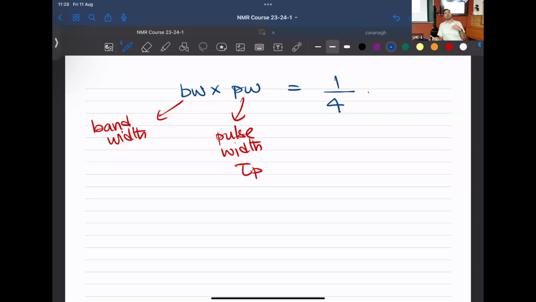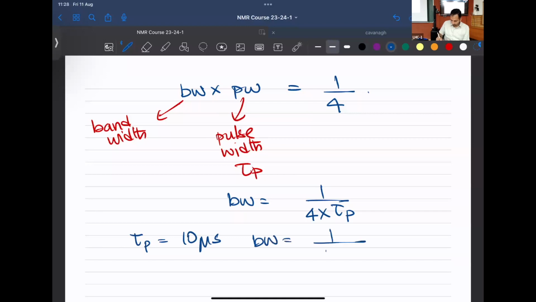This is a constant depending upon the shape that you take. So therefore, the bandwidth loosely translates to something like B1. The pulse width is the tau p that you have. So what is the bandwidth for a 10 microsecond pulse? 1/4 times tau p. For tau p equal to 10 microseconds, the bandwidth is going to be 1/4 times 10 multiplied by 10 power minus 6.